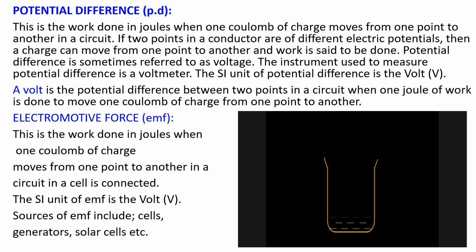Let's look at a situation where we are trying to design a dry cell, where we have the copper rod and the zinc rod immersed in dilute sulfuric acid. The chemical action is taking place inside the sulfuric acid.